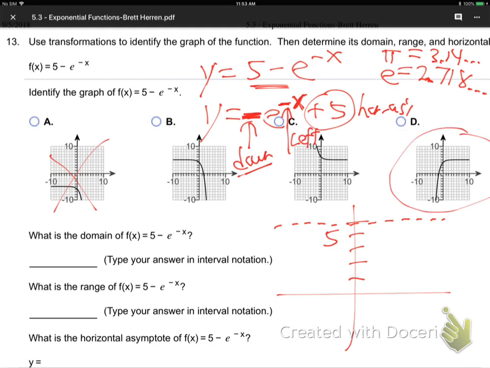D. Down and left. We're done. We good? Because C goes up and left. B goes down and right. D is down and left.